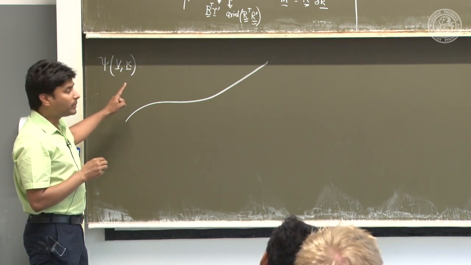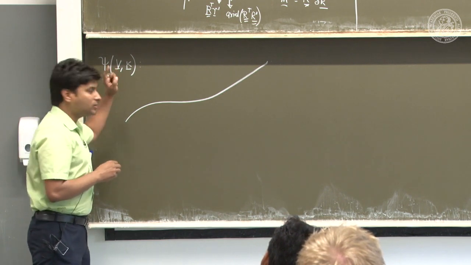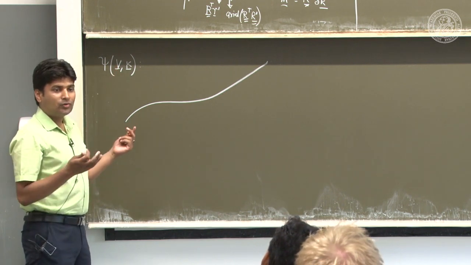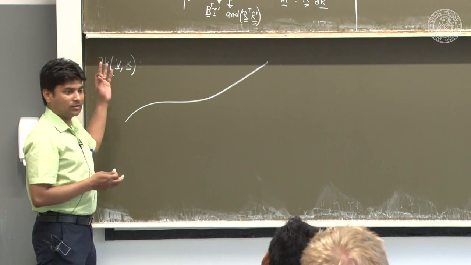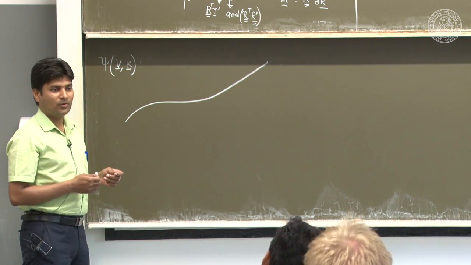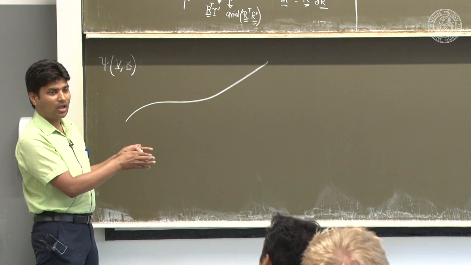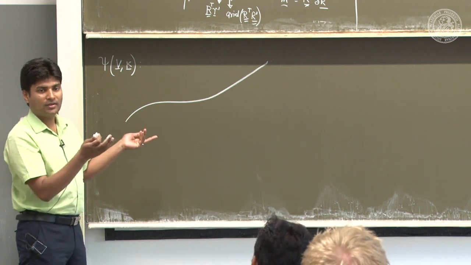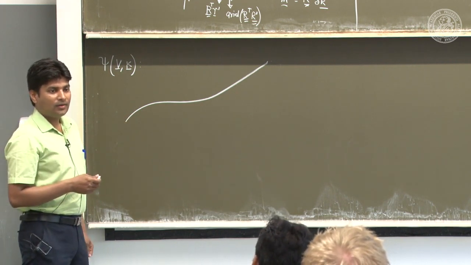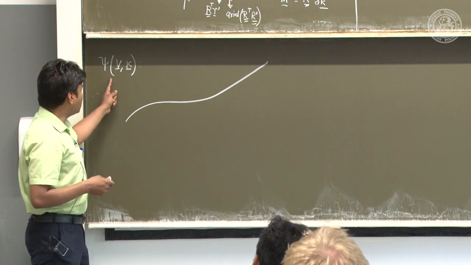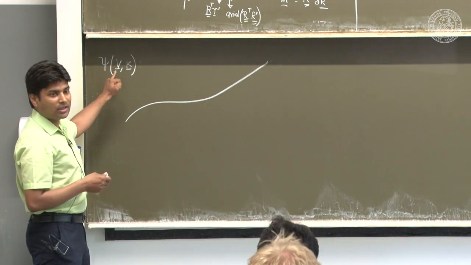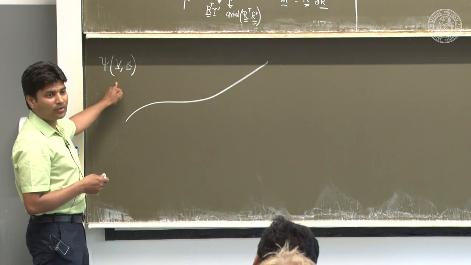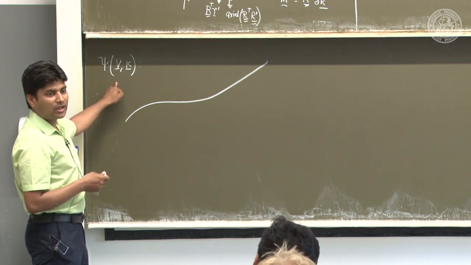So, basically, if somebody tells you these are the strains, I would want to know what's the energy, for any prescribed strains. Now, by definition, what is this? This is strain energy per unit undeformed length. So, that is the energy of what?